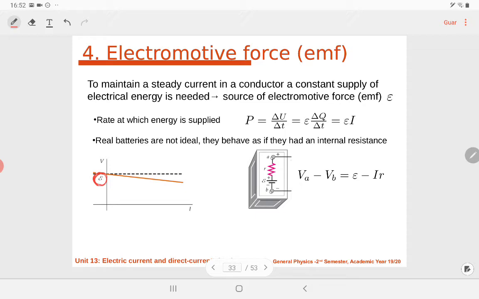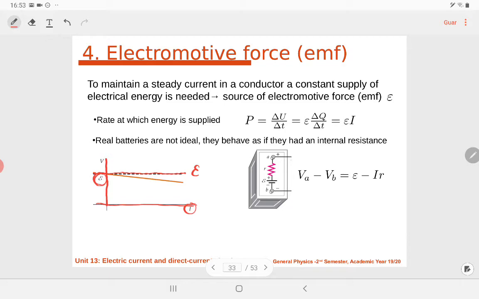This is represented in this scheme. Here in the y-axis we represent V, which is the potential difference between both sides of the battery, and here we have the intensity. An ideal battery would be the one that gives you this line here, because this would give you a constant difference of potential between both parts of the battery, independent of the amount of charge or electric current flowing through that battery.